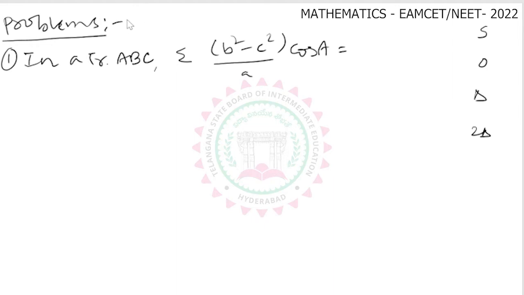Right? What is the question? Sigma b square minus c square by a into cos A.